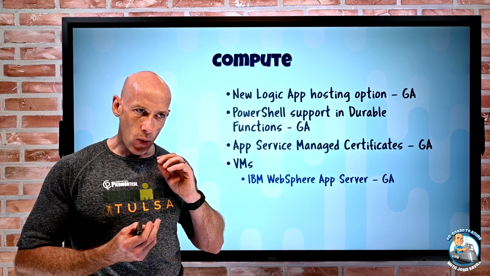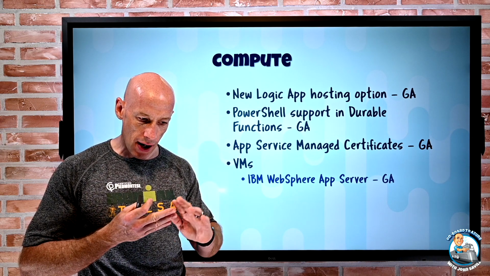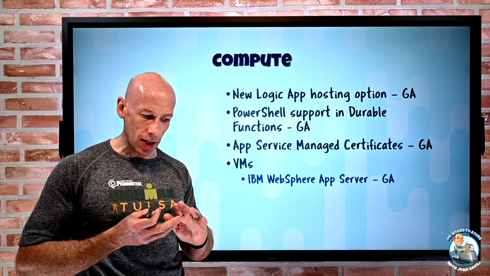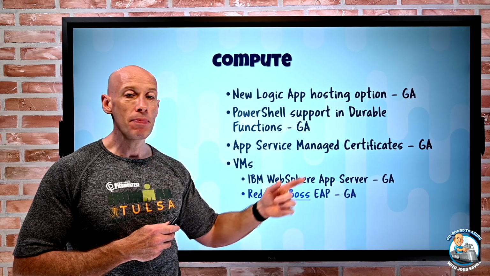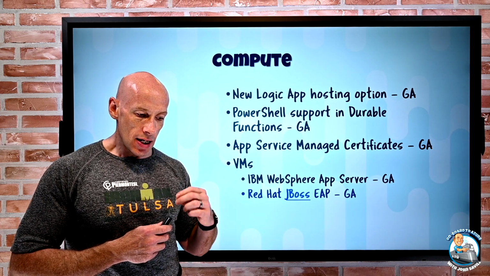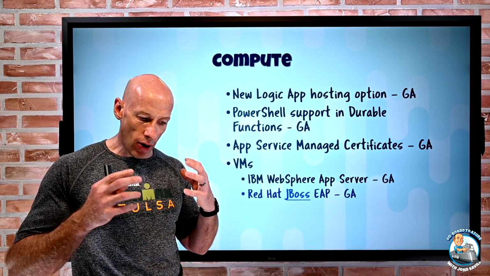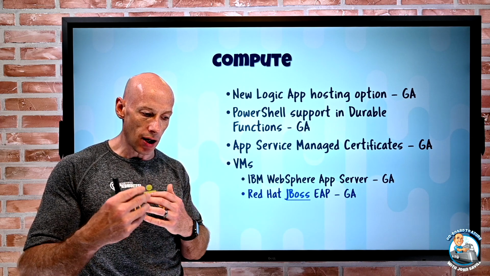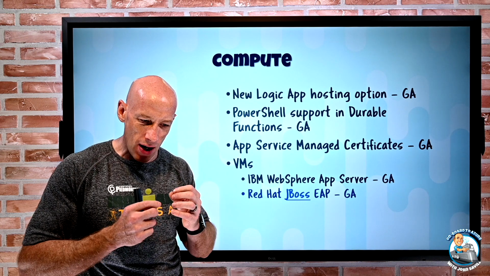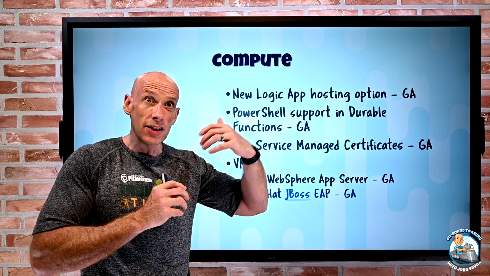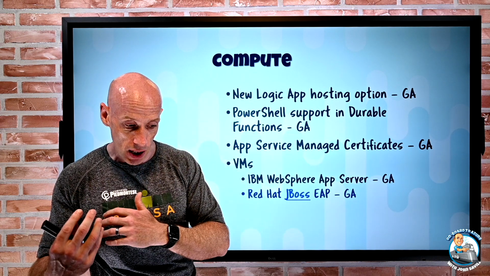This can be things like WebSphere, the traditional app server, WebSphere Liberty and Open Liberty. And also Red Hat JBoss EAP has gone GA. So this is all about the Enterprise Edition for Java and the Jakarta Enterprise Edition, which is that cloud native enterprise extended version of Java with things like distributed computing, things like web services.